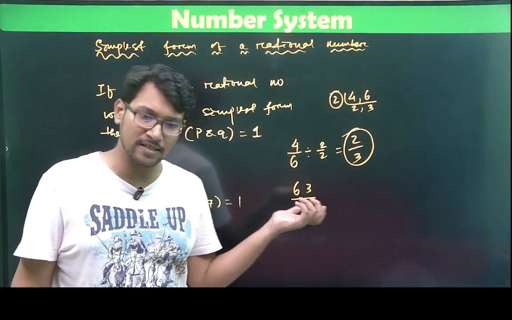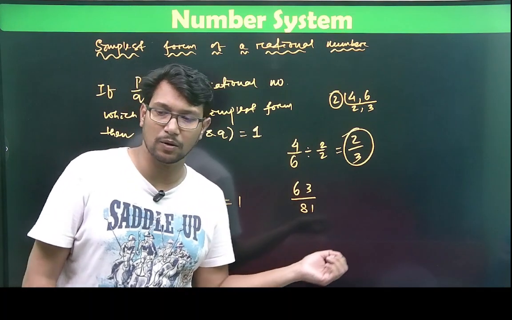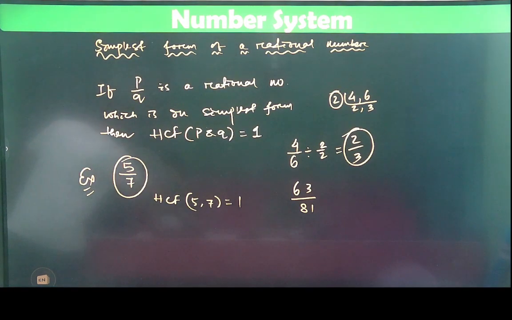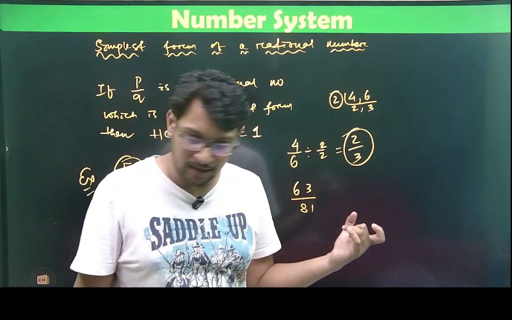Find the HCF of 63 and 81. Here the HCF is 9. Since 9 is the HCF, it is not in simplest form.